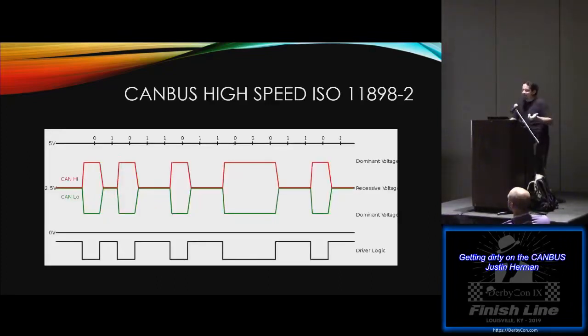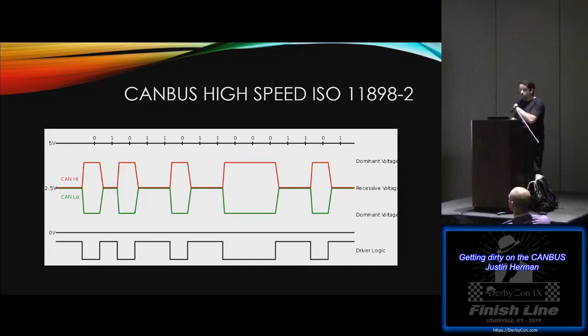So CAN bus high speed, again, this is that high speed I was talking about. There's a differential between the high voltage and low voltage, and both signals, the high and low, are driven to their respective voltage potentials. It signifies a 0, and then when they return, they signify a 1. And that's how this high speed ISO standard was established.